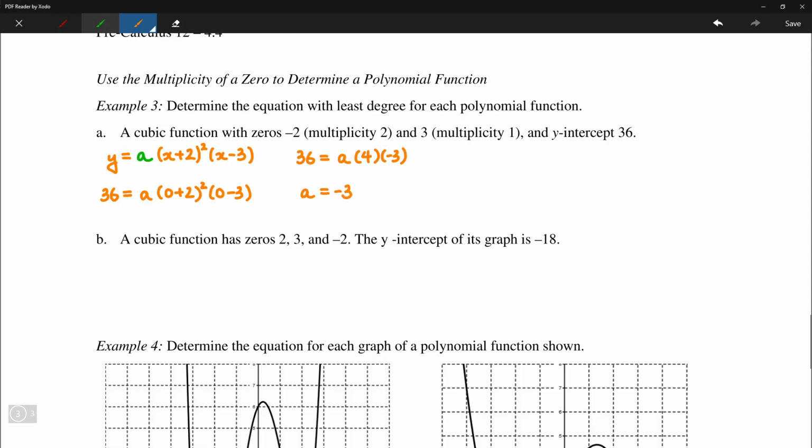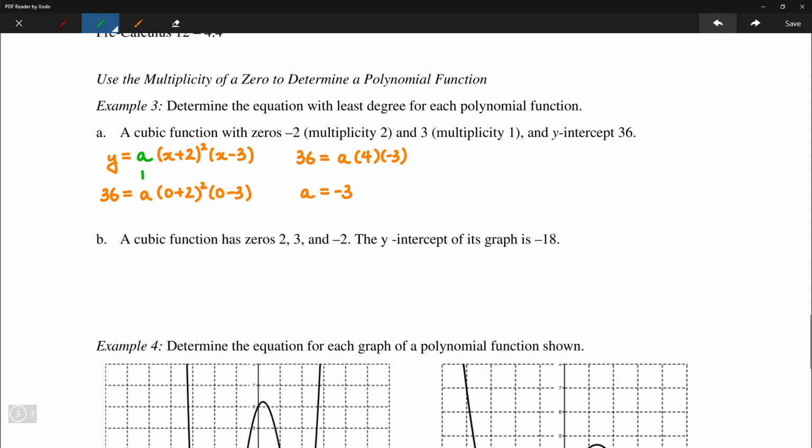Okay. And of course, that wouldn't be possible if we didn't start with a placeholder coefficient a, right? If we just wrote this part here, then the zeros would be correct, but the y-intercept would be wrong. Let's say, for example, if we just didn't have the a coefficient, then the y-intercept would just have been -12, and that's incorrect.